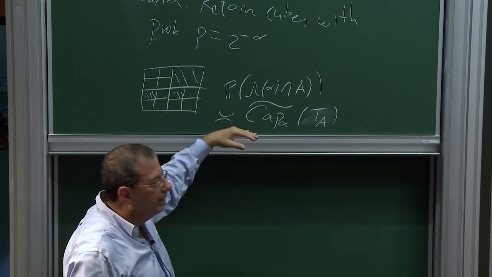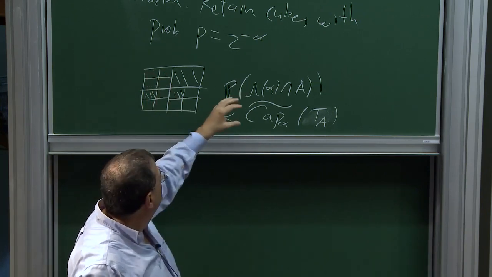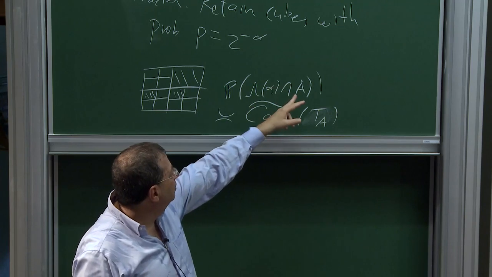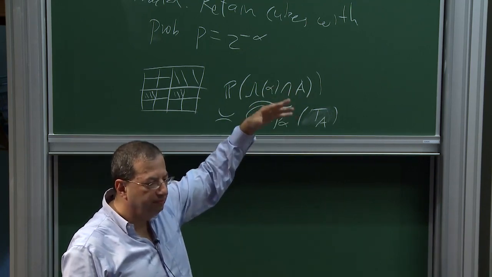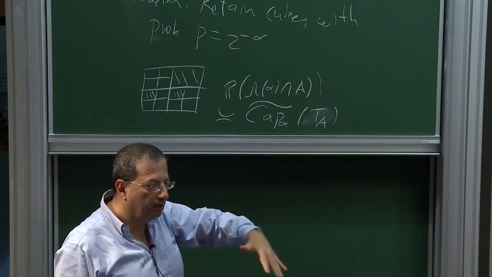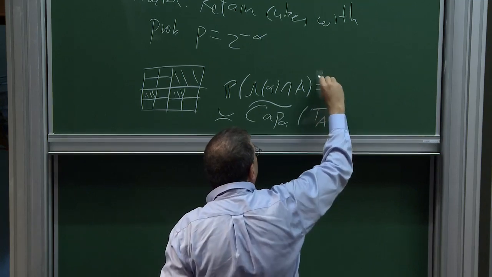So this is just a translation of Lyon's theorem in this kind of setting. This is just the probability that when I do percolation on the tree corresponding to A, I have survival in that tree. So that corresponds to this intersection being non-empty.